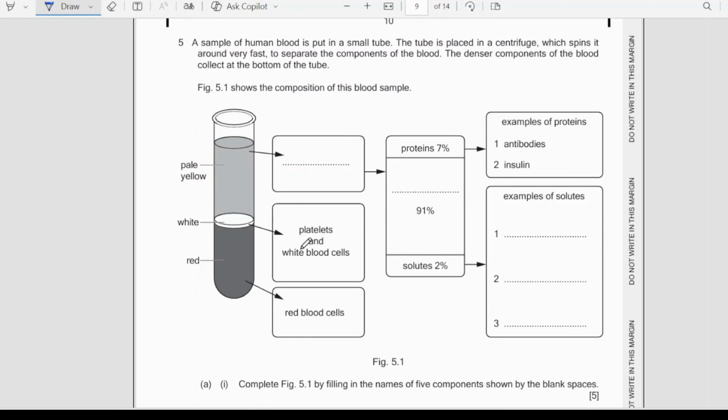What solutes can be present in your blood? There are many. Okay, carbon dioxide, hormones, glucose. There's so many. I'm excluding carbon dioxide for a second.